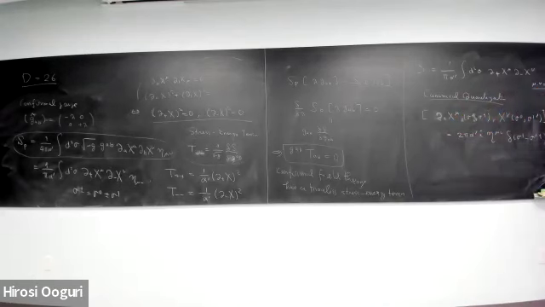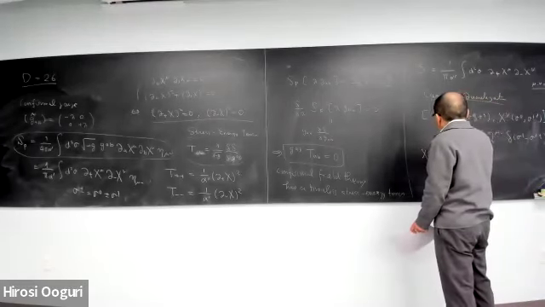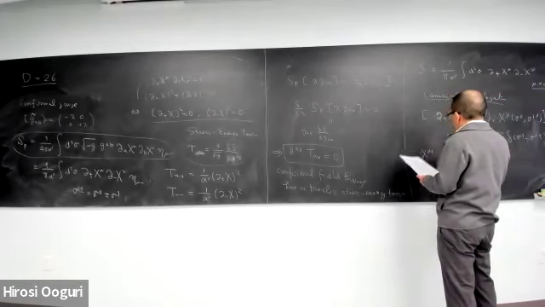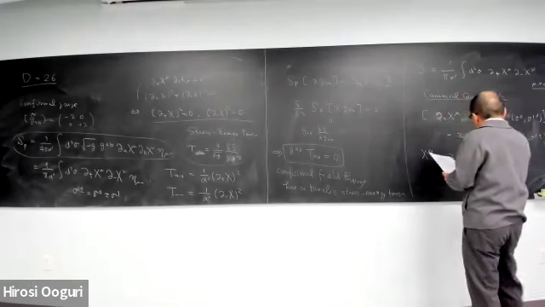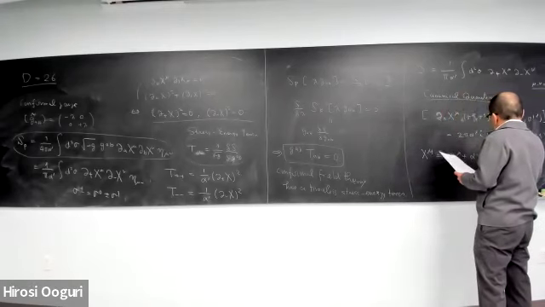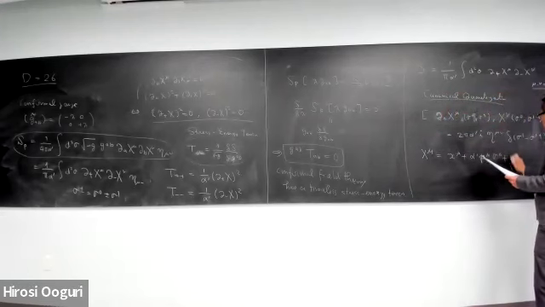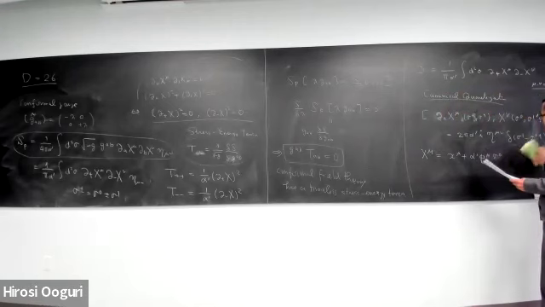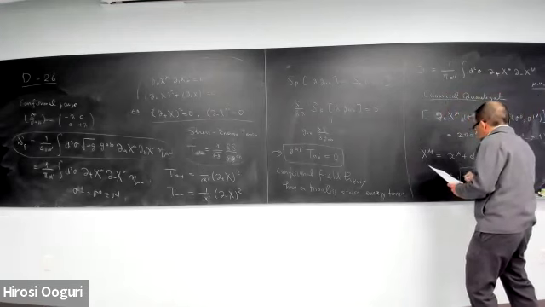Okay. And sigma is a periodic coordinate. So since sigma is a periodic coordinate, we should be able to write this in this way. We can do the Fourier transformation.